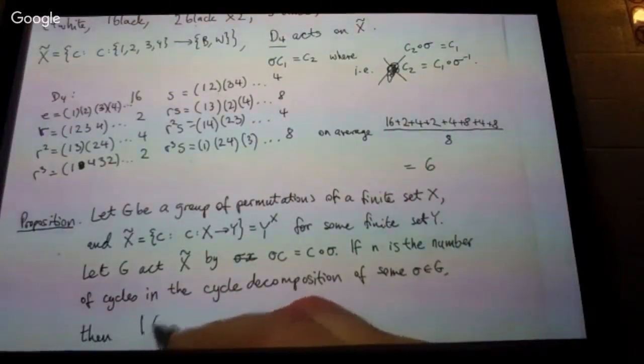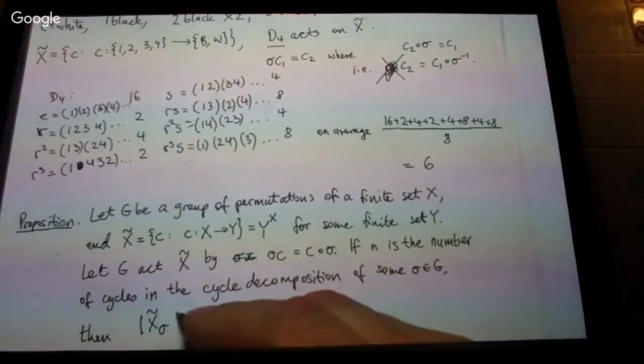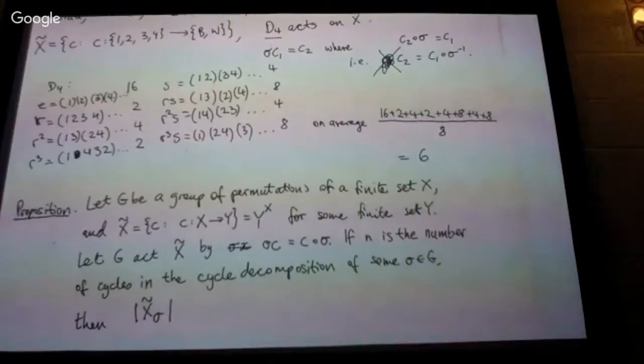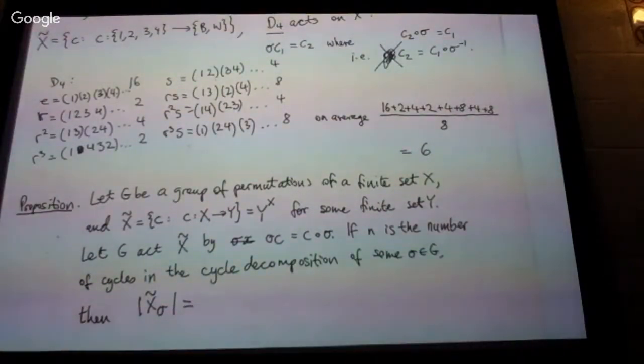Then the number of fixed points on the X tilde from the sigma is, what is it? It's the same idea as we had before.